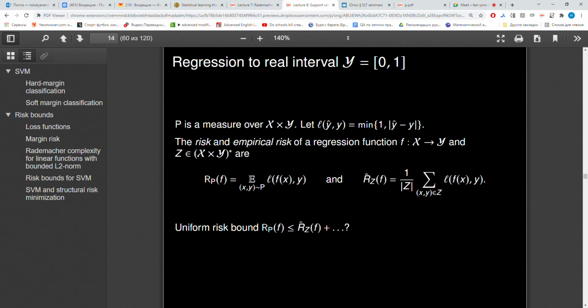Yes, this one. Risk is the mathematical expectation of the loss function. We want to bound the mathematical expectation of the loss function.